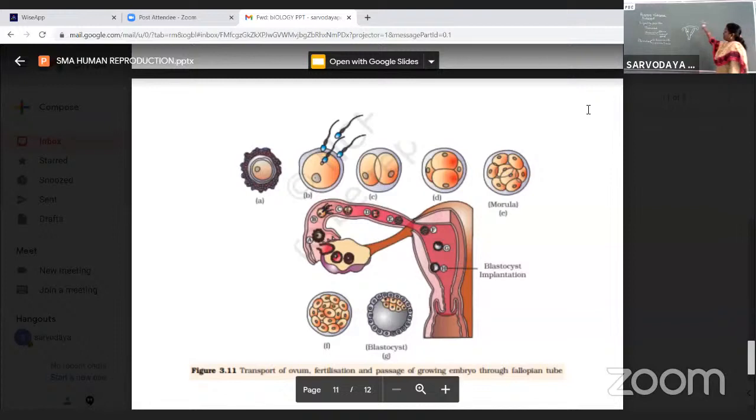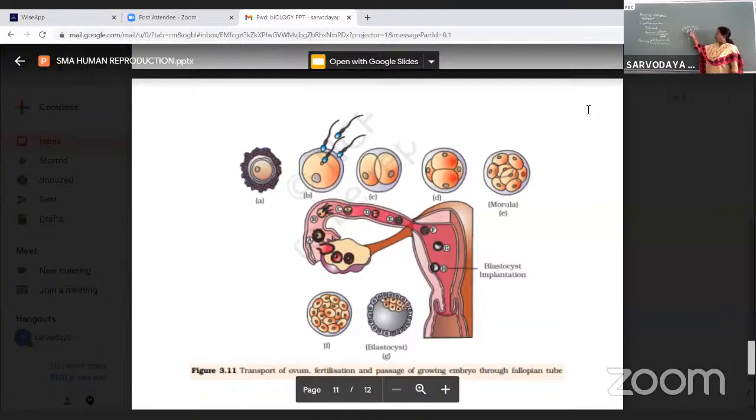So that means cleavage is finished and the blastocyst is formed. After blastocyst formation, it travels into the uterus. Implantation can be completed in any part of the uterus. At the time of implantation, some of the uterine tissue where it is going to be embedded disintegrates and allows the blastocyst to get attached.